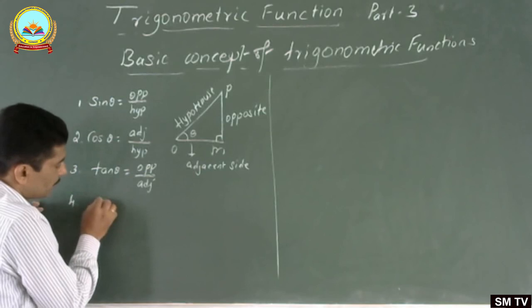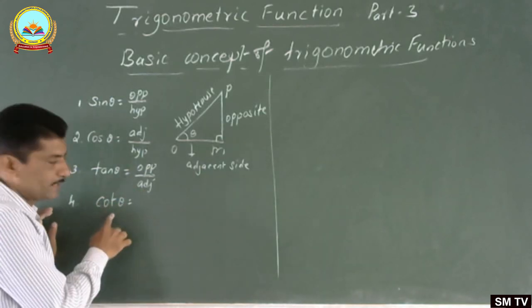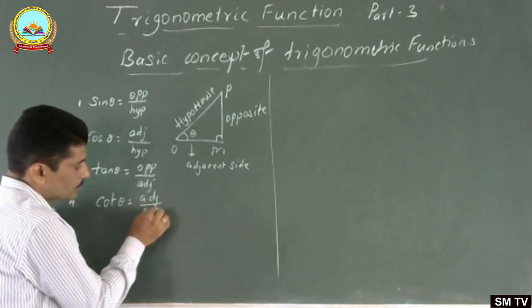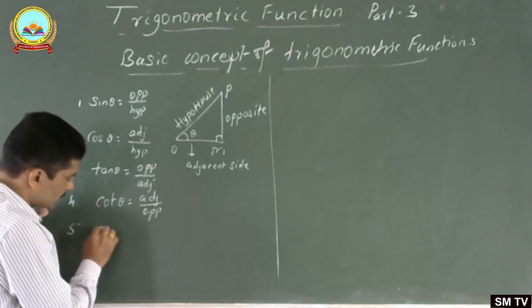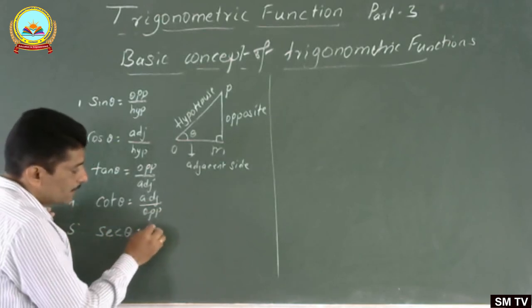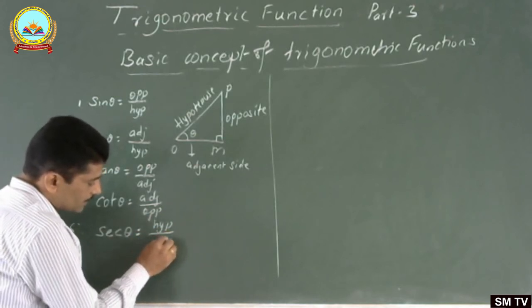The fourth trigonometric ratio is cotangent of an angle theta, denoted by cot theta. The definition is adjacent side divided by opposite side. And fifth one is secant of an angle theta, denoted by sec theta. The definition is hypotenuse side divided by adjacent side.